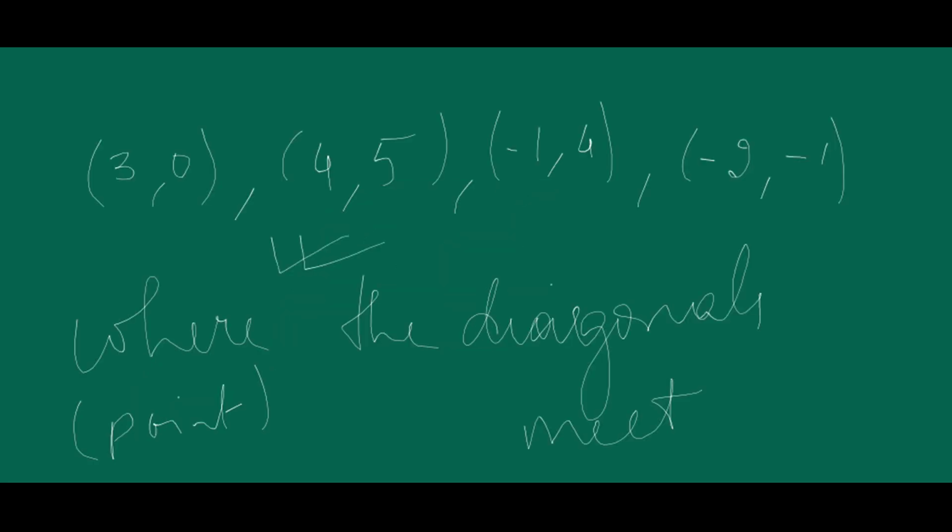So now the concept we will apply for the solution is the same one, using this property that diagonals bisect each other. So how do we do that? For that we have to plot these points in the Cartesian plane. Okay, 3 comma 0. Where does 3 comma 0 come? 3 on the x-axis and 0 on the y-axis. I'll just draw a rough idea of where the points lie.